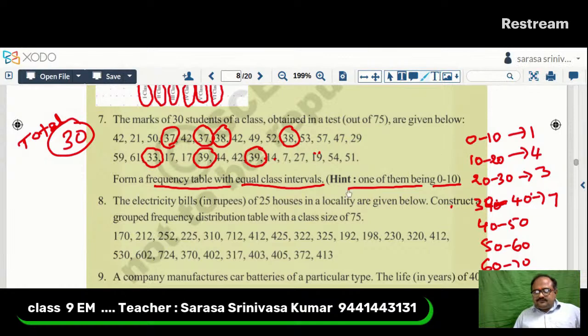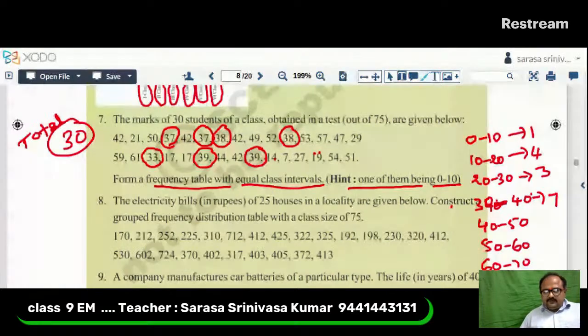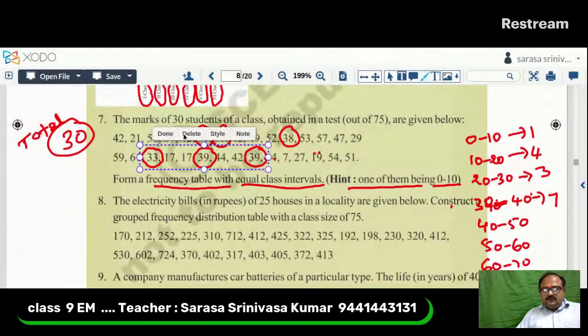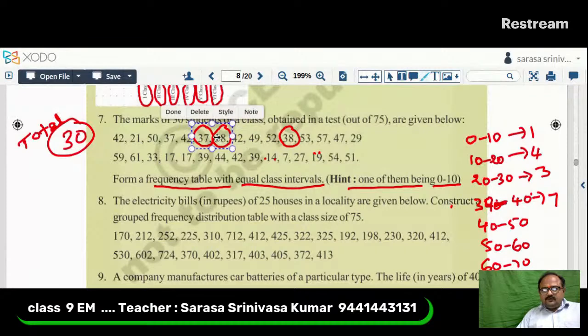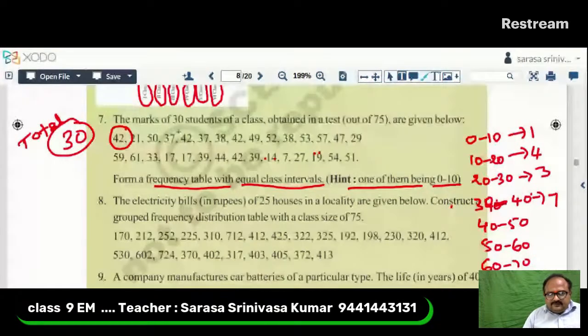Now let us consider the next class interval, that is 40 to 50. We will observe how many students got marks from 40 to 50. First is 42 marks.